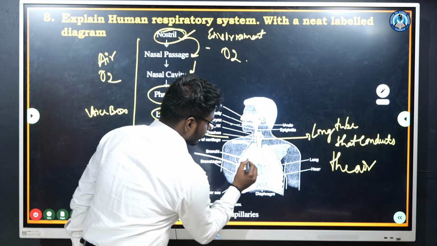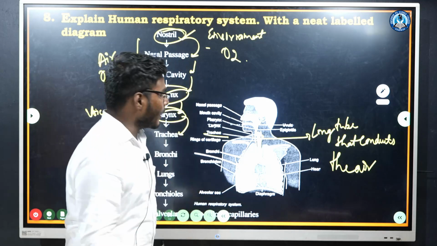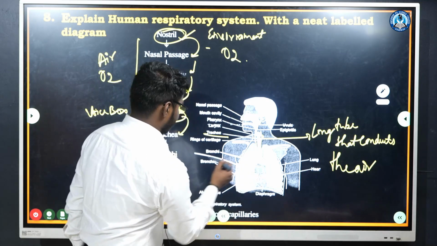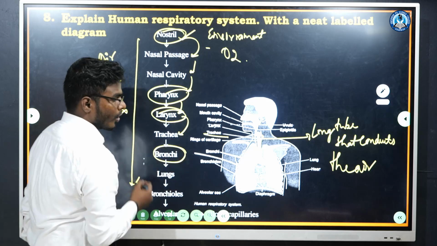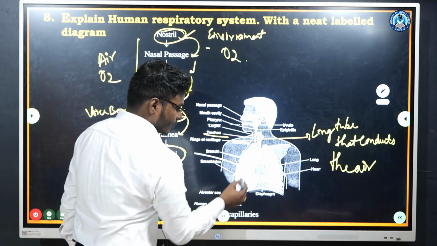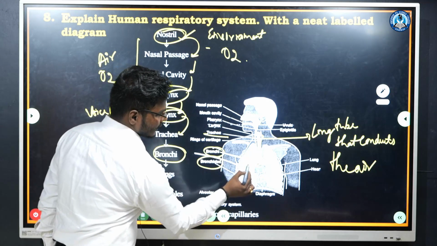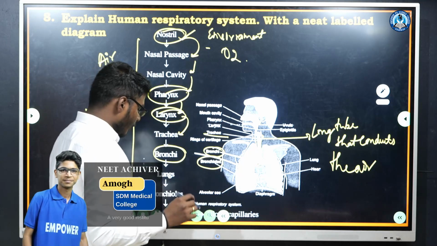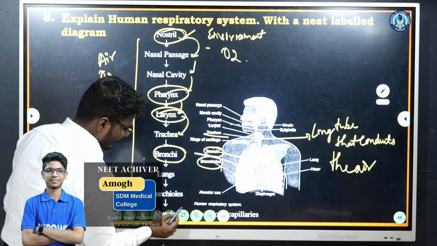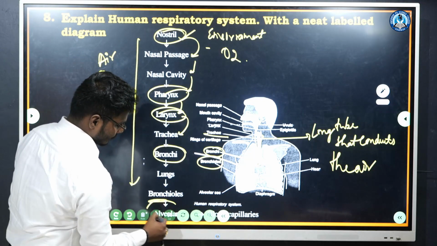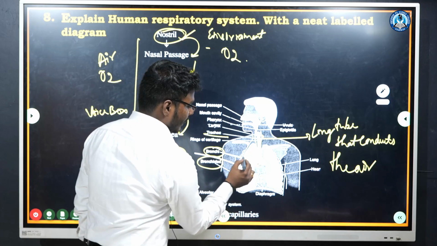So the trachea opens up into the bronchi. Can you see here? This is the bronchi. The bronchi further open up into the bronchioles. These are the sub branches. The bronchioles further open up into alveoli.